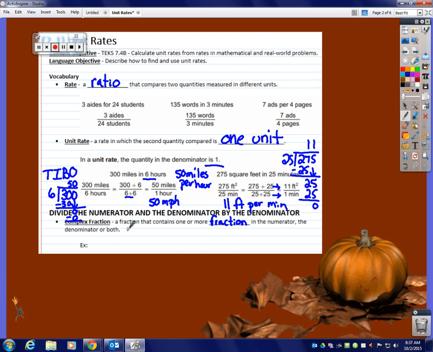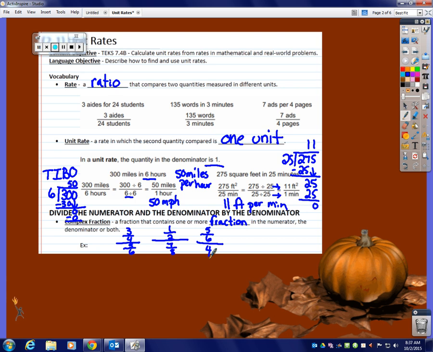We could have 3/4 divided by 5/6. We could have 1/2 divided by 7/8. These are both complex fractions. You could also have something like 5/6 divided by 4. Those are all examples of complex fractions.